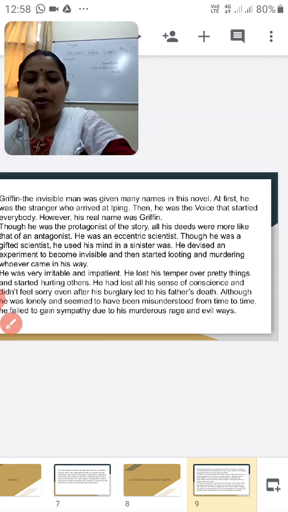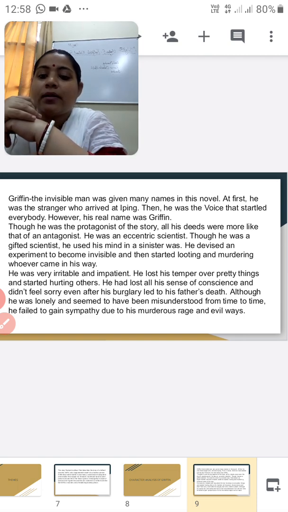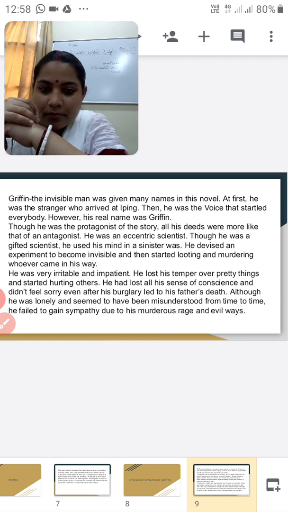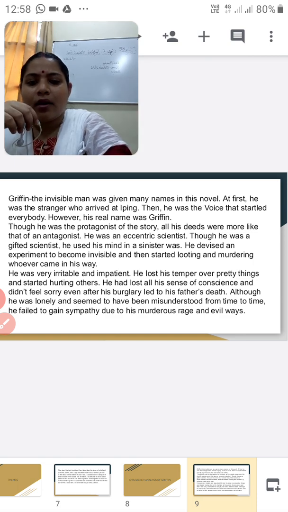He lost his temper over petty things and started hurting others. He had lost all his sense of conscience and didn't feel sorry even after his burglary led to the death of the landlord.